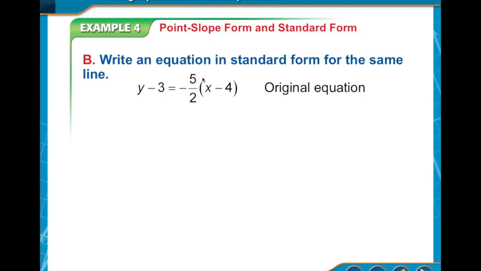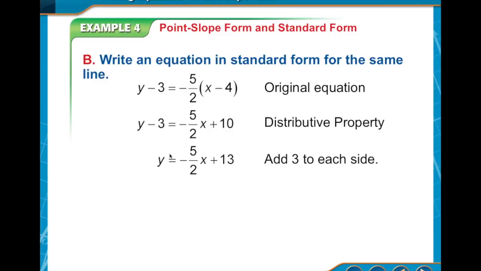Now we know we need to have x's and y's on the same side, right? So first distribute. We get a fraction here, and we'll get a positive 10 when we multiply these two. Add 3 to both sides because we want y alone. And now we need to make sure we get our x's on the same side as our y's.